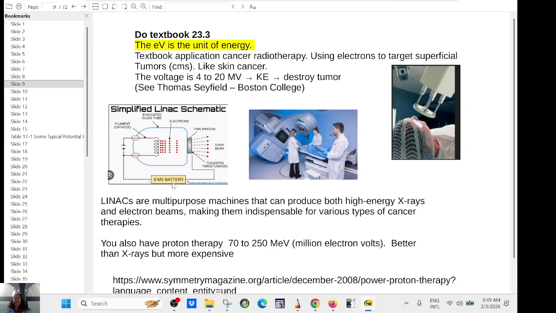That's the vocabulary they use. The issue with radiotherapy for a tumor is that X-rays will destroy not only the tumor but everything in between, on the way.